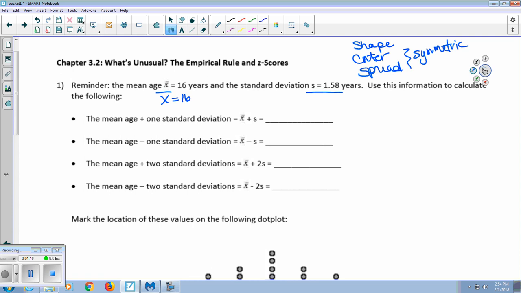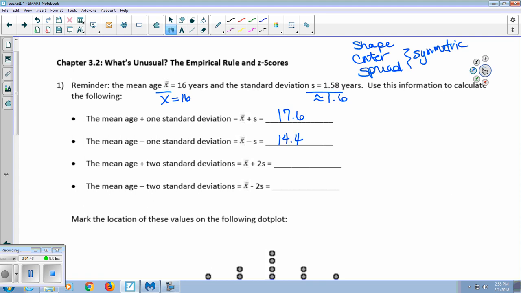So now let's talk about what the mean plus one standard deviation looks like. If we have our mean and we add one standard deviation, we get to 17.6. I'm going to round the standard deviation to be about 1.6. And the mean minus one standard deviation goes to 14.4.